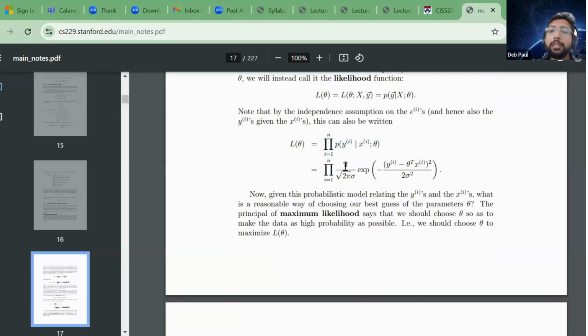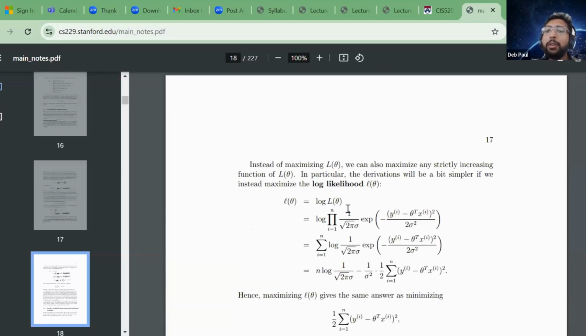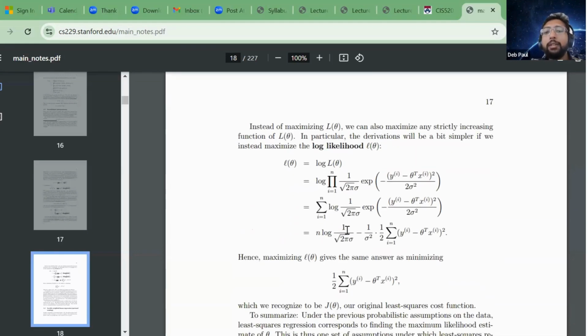Then this is my likelihood. Then I take the log of the likelihood, and something very interesting happens. Maximizing my log of the likelihood is the same as maximizing this one. This is the trick of converting something which is non-convex to a convex. If we get a chance to study SVM, we'll see the same thing happening.